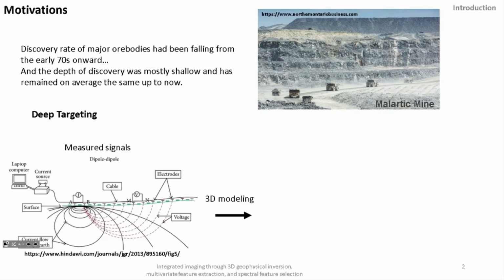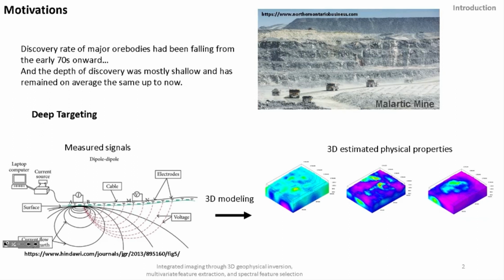However, instead of lithotypes or metal grades, 3D inverse modeling algorithms produce 3D estimated images of physical properties. So it is important to extract the relevant geological features from geophysical images in an integrated methodology.